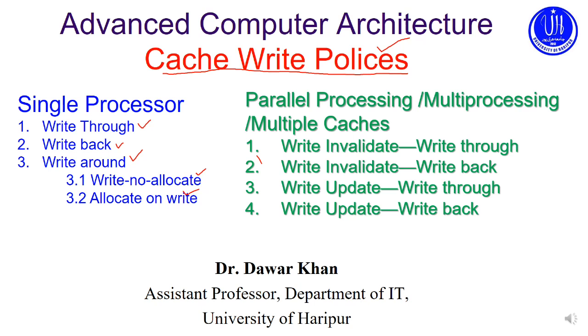So in order to handle the cache coherence problem, we have these write policies: write invalidate and write update. Then each of these is write invalidate with write through, and write invalidate with write back. So if we learn about write through and write back here, it will be used there.